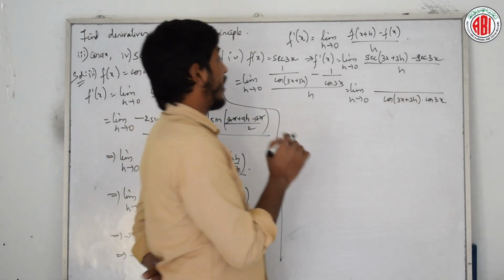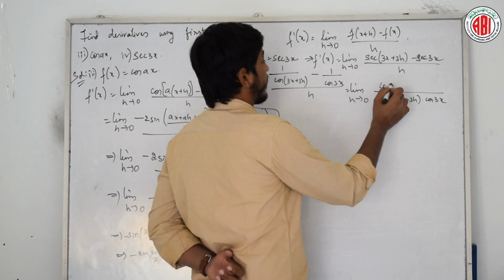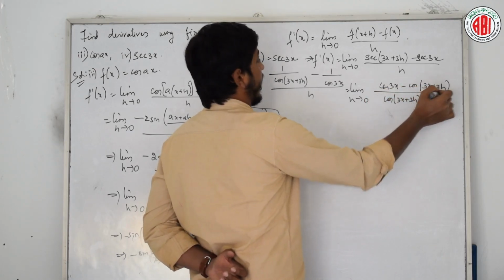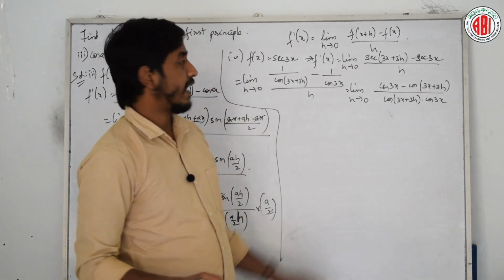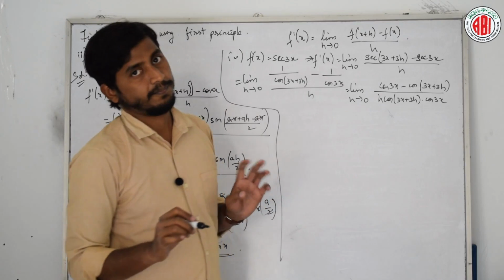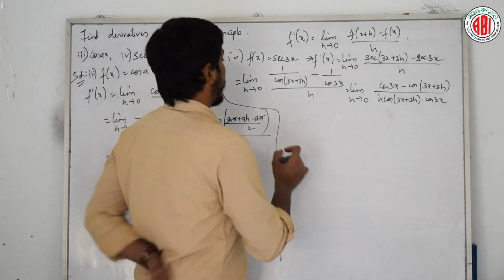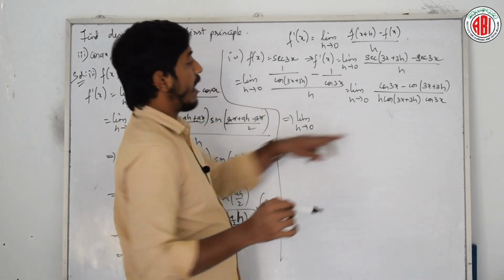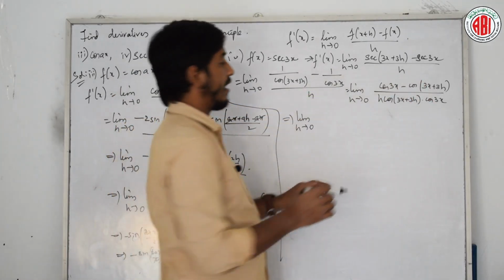In the numerator it will become cos 3x minus cos of (3x plus 3h). Fine. Where will this h go? Let us put this in the denominator itself. Fine. Now see here, limit h tends to 0. Again cos c minus cos d. What is the formula?